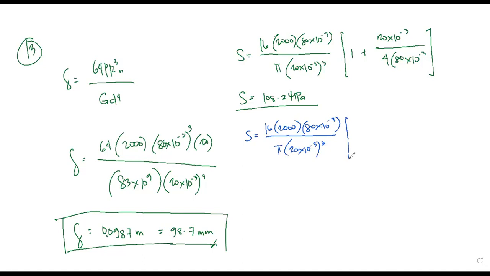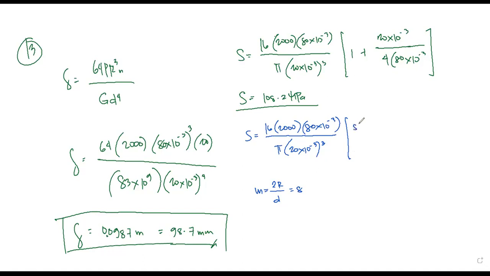Cube. So this should be multiplied. So m is equal to 2r over d. So this would be 2 times 80 divided by, okay, so this would be 8.